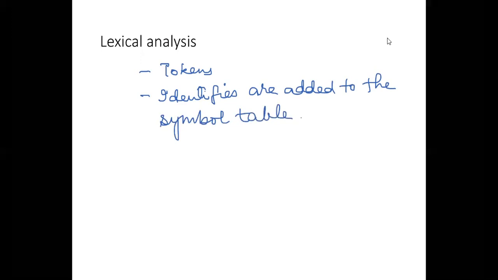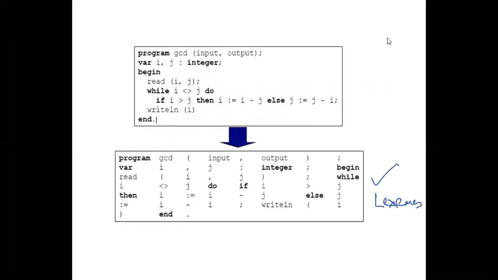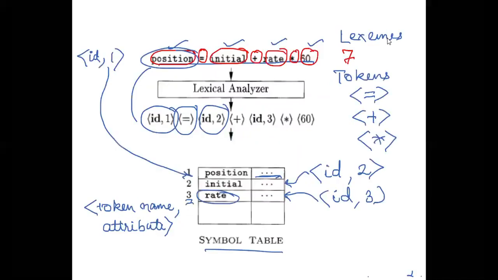Now, one thing I missed out is the value 60 out here. 60 is a constant. It does not enter into the symbol table; we will not put a constant into the symbol table. Instead, there can be another table known as a literal table, where 60 can be entered.